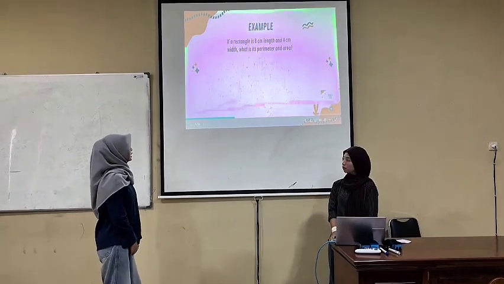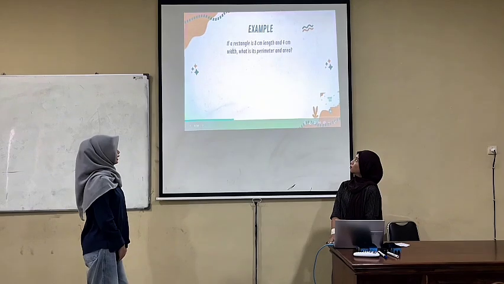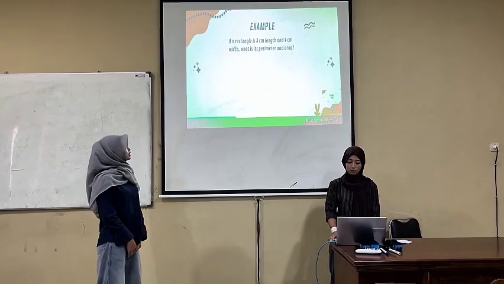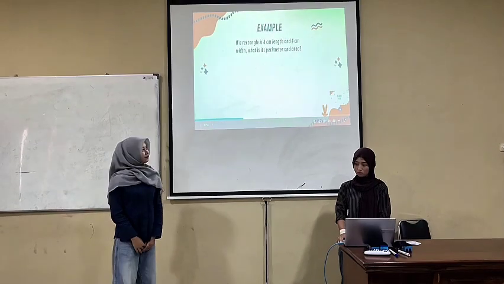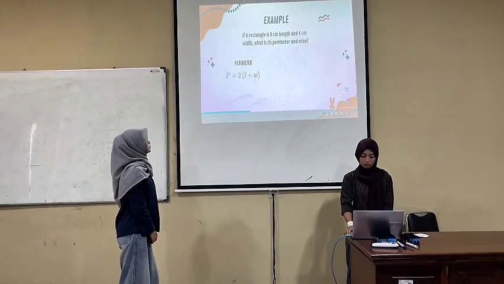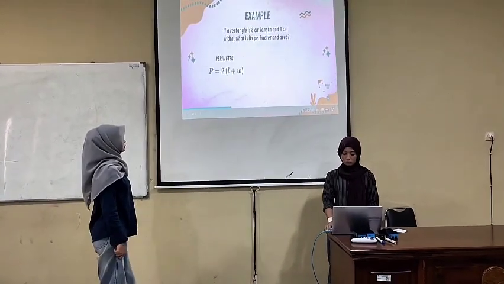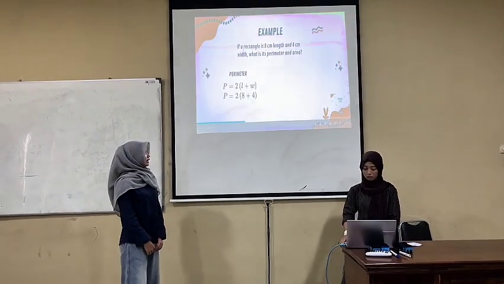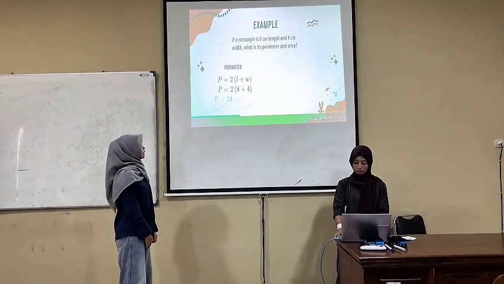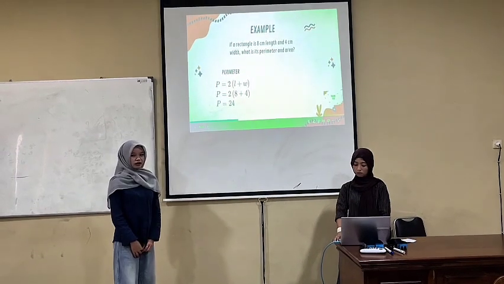For example, if a rectangle is 8 cm in length and 4 cm in width, what is its perimeter and area? Perimeter, substitute in the formula. P is 2 times length 8 plus width 4. P is 24.